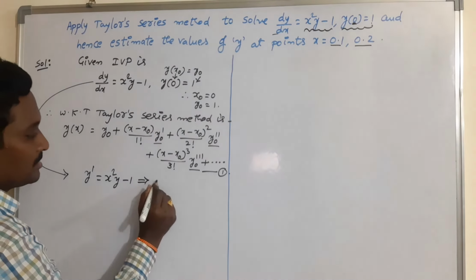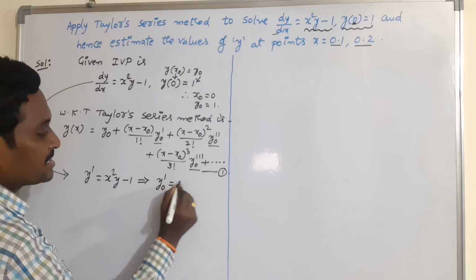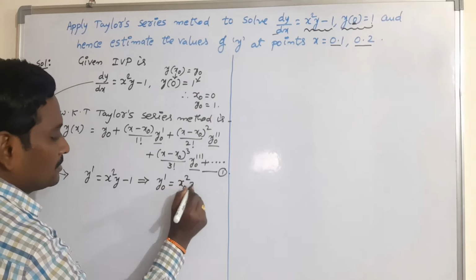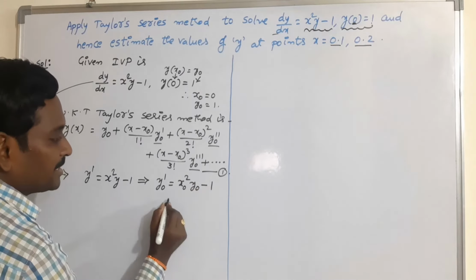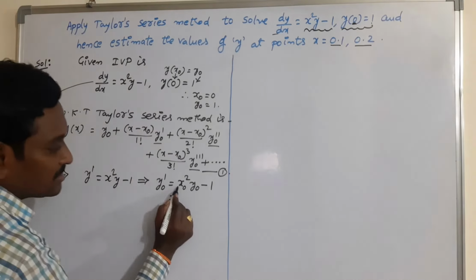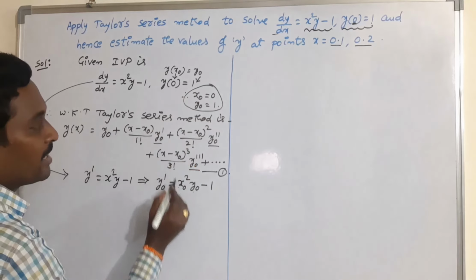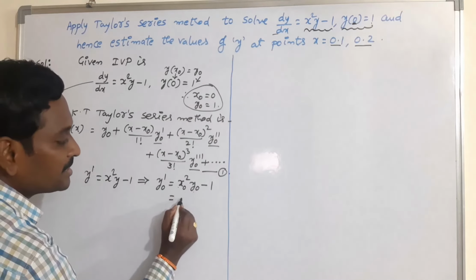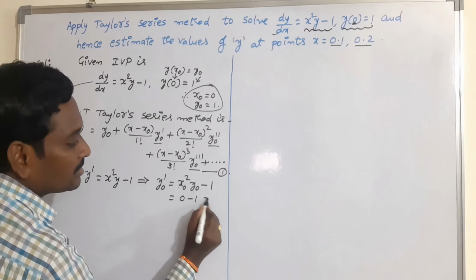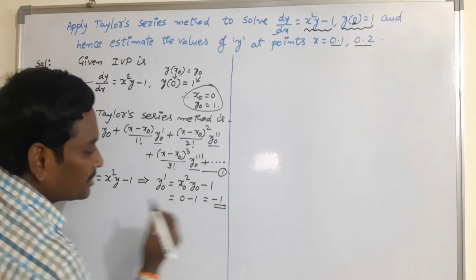From this, the expression of y naught dash is x naught square into y naught minus 1. So replace the values of x naught and y naught. Already here we have x naught value and y naught value. x naught is 0, 0 into anything is 0, minus 1. It would be minus 1.